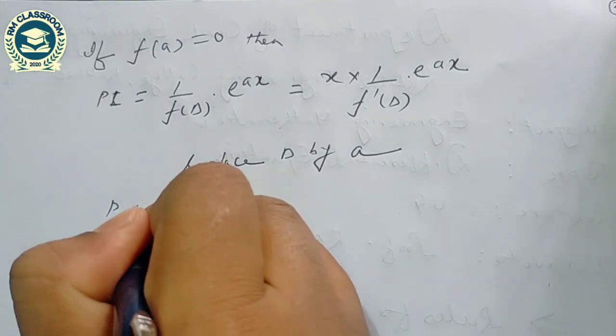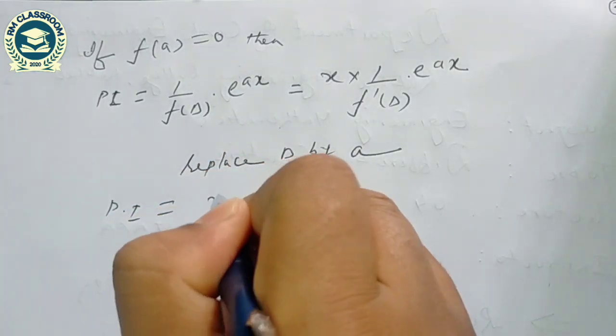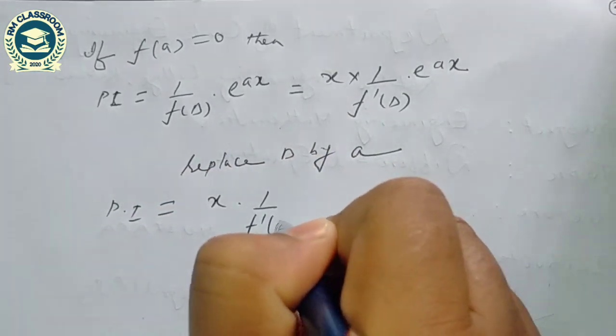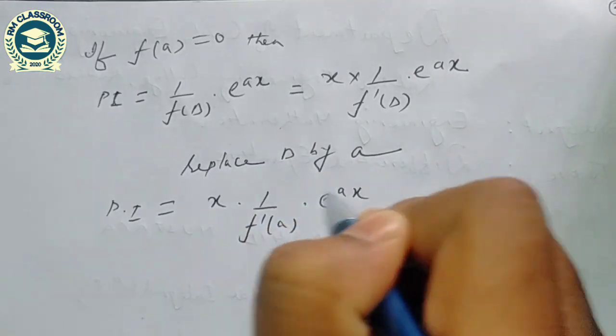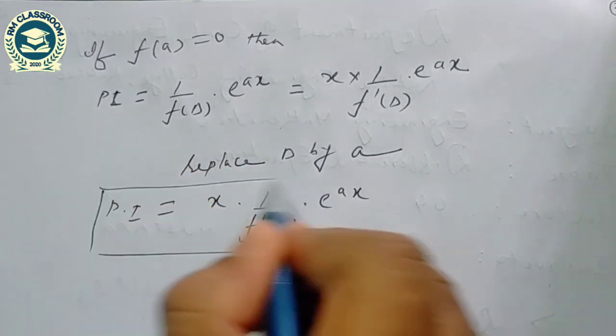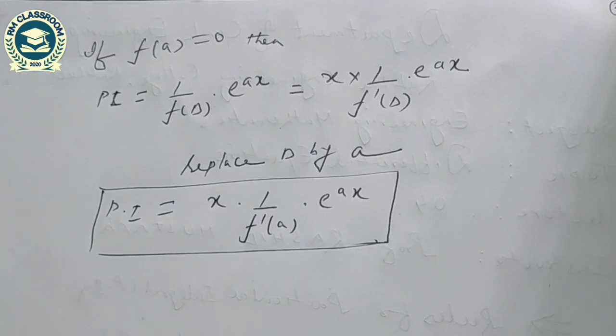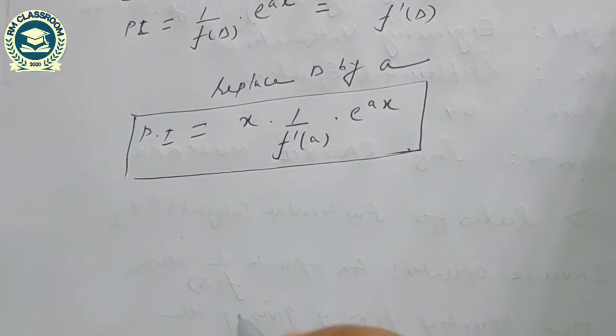Means the particular integral is equal to x into 1 by f dash (a) into e to the power ax. Similarly, if f dash (a) is also 0, then once again you have to differentiate, means the particular integral is x square into 1 by f double dash (a) into e to the power ax, and similarly we have to check.